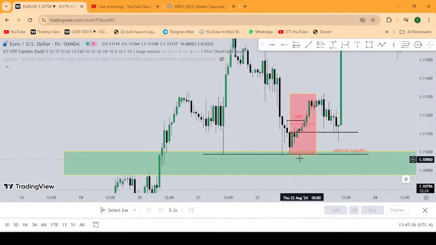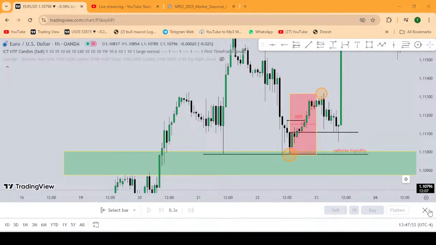So if price from this swing point, which is this low here, up to this high here, we mark this and this, then we put the gun box to show us the discount.